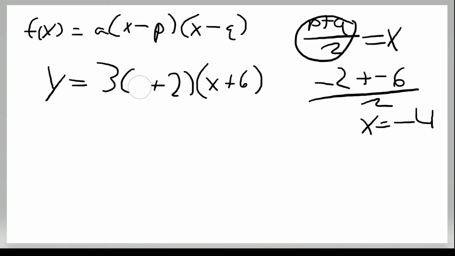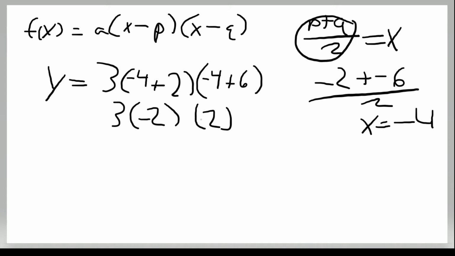So I'll just plug it in. It's going to be -4 and -4. So -4 plus 2 is going to be -2, and -4 plus 6 is going to be positive 2. Let's write those in there.